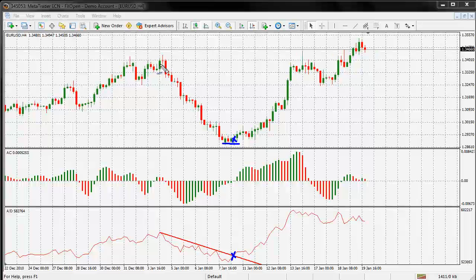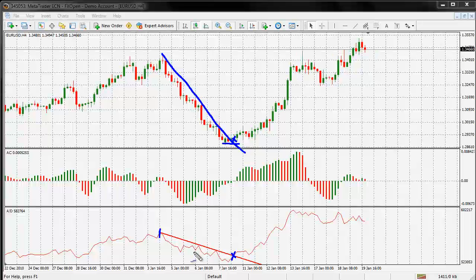Alright, what we need to do is take our line tool. We need to get another line tool out, and bring this down. Alright, then what we're looking for is, let me just step back a couple of moments.